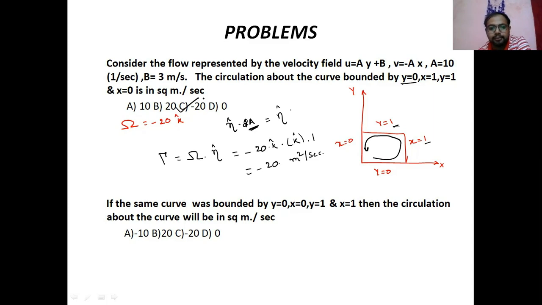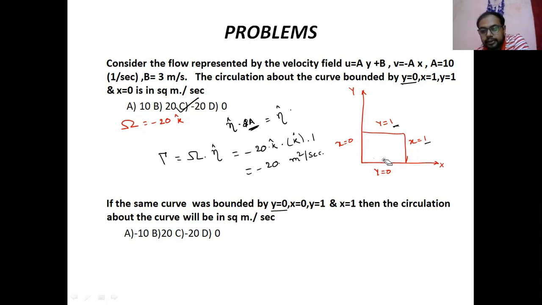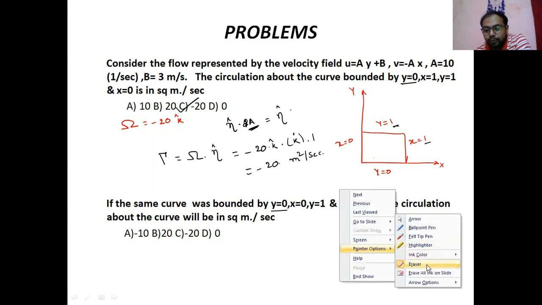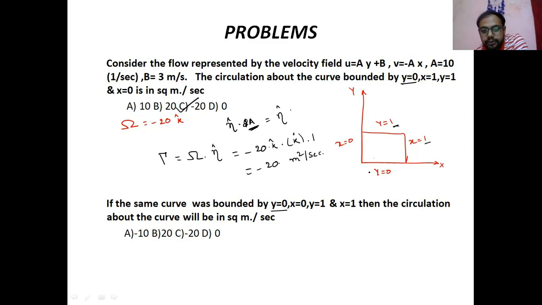The second problem, the curve is the same curve, just first y equal to 0, then x equal to 0, then y equal to 1.